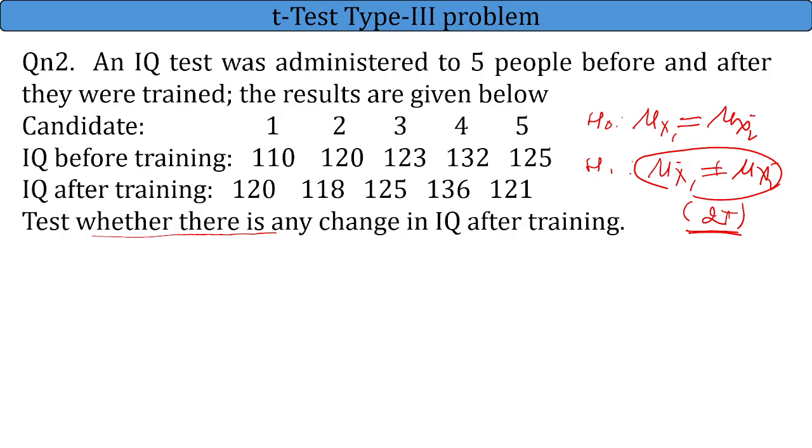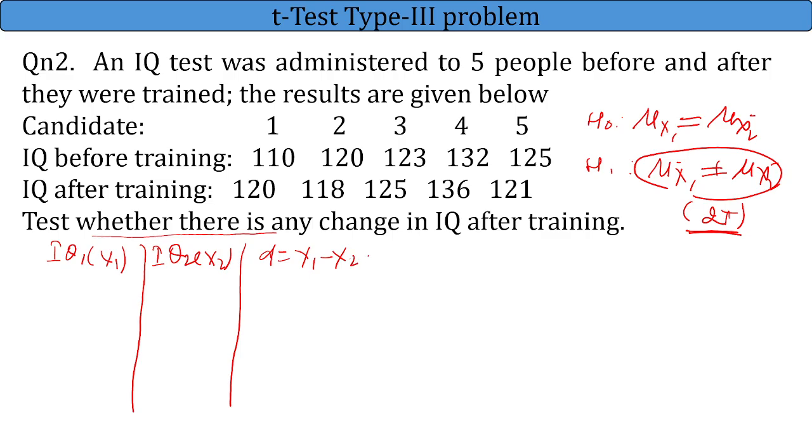Now first we have IQ1, or x1, and IQ2, x2, which are given. D is equal to x1 minus x2. Then afterwards we'll calculate d minus d bar, and then (d minus d bar) whole square.